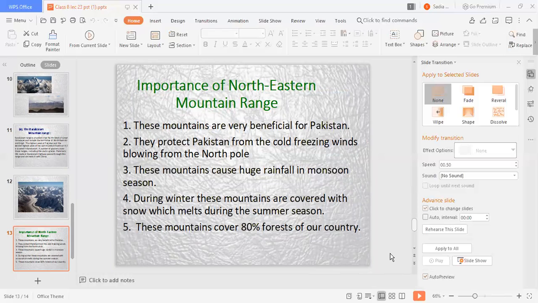Okay, now you can see the importance of the northeastern mountain range. So what is the importance of the northeastern range? Why are the northeastern mountain ranges so important?